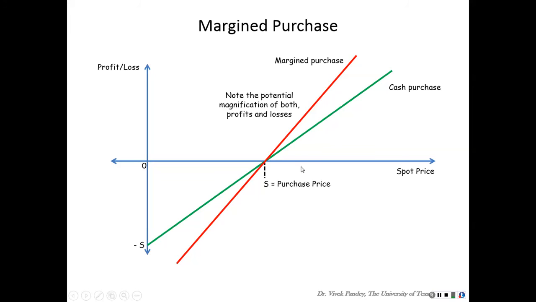So if I only had $50, if I borrowed $50, I'll have to return. This is actually ignoring interest. Say I borrowed $50 and bought $100 worth of stock. Then if the stock price goes up to, say, 110, I have to repay my $50 in loan, right?